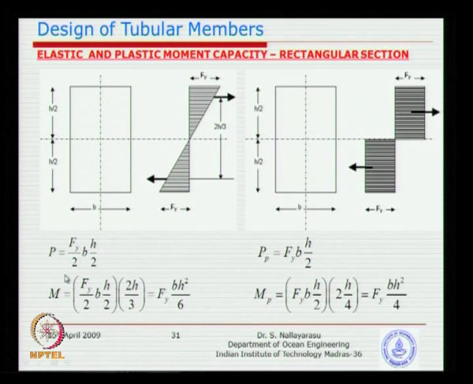If you look at the force on the top and bottom half of the beam, this is Fy by 2, because you take the average of Fy plus 0 divided by 2, multiplied by the width of the section, multiplied by half the depth of the section, which gives you the force on the compression part or on the tension part. They have to be equal for the beam to be in equilibrium.